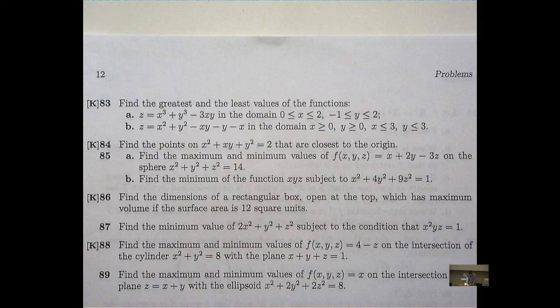83b asks you to consider a given f on a rectangle, and you're asked to determine the maximum and the minimum values of f on the rectangle. I did a problem similar to this in lectures, but you were working on a disk, looking at isotherms or something like this. Firstly, let's look at the nature of what we've got here.